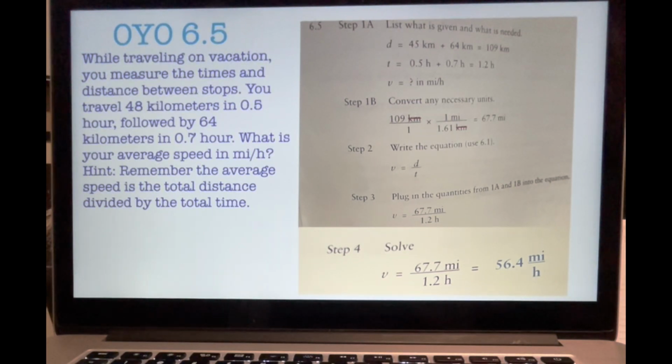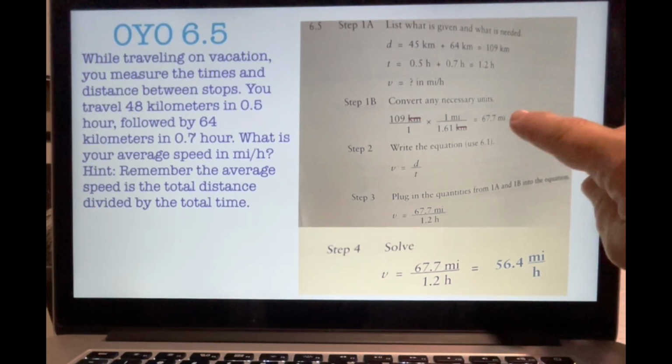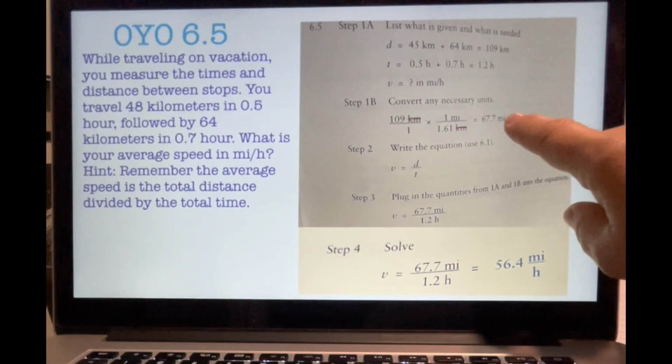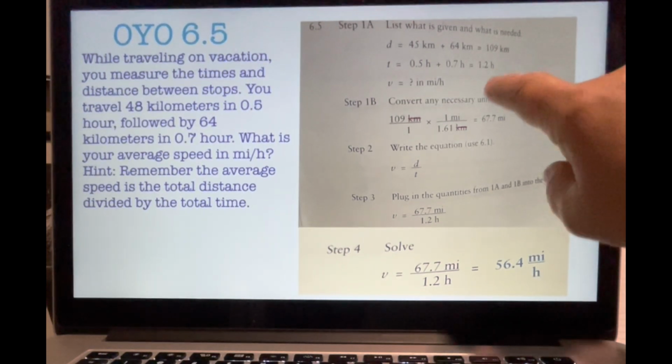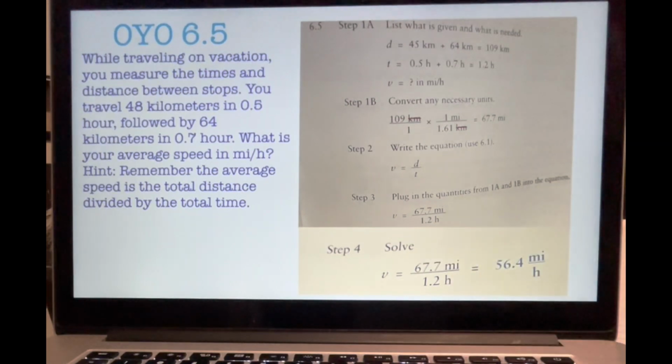Write the equation that we're going to use. Speed equals distance over time. Plug in the quantities from 1A and 1B. So we go back up here. We have our distance, 67.7 miles, and we have our time, 1.2 hours. And step 4, solve the equation, 56.4 miles per hour.